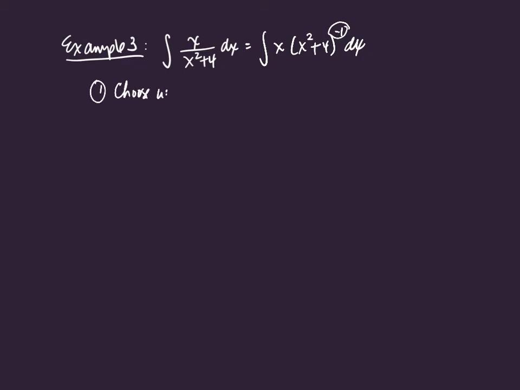And it is the inside or the denominator, whichever you prefer. And then we're going to find our derivative. So the derivative of x squared is 2x plus the derivative of 4, which is 0. So that's what we get.